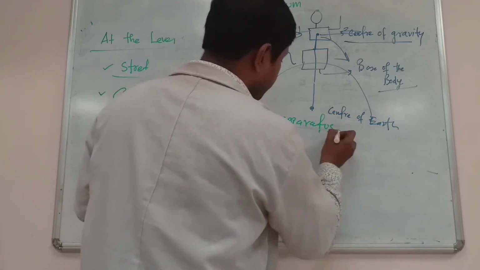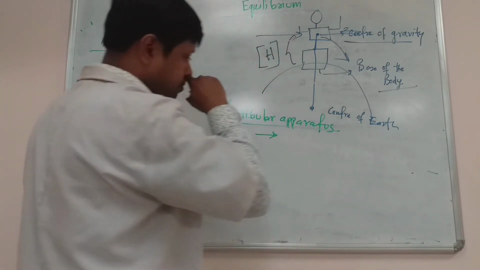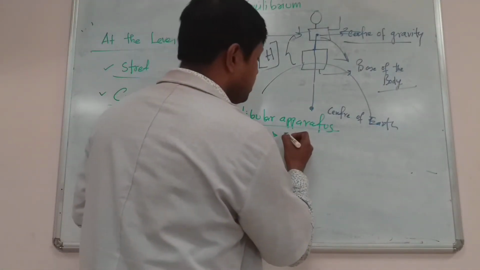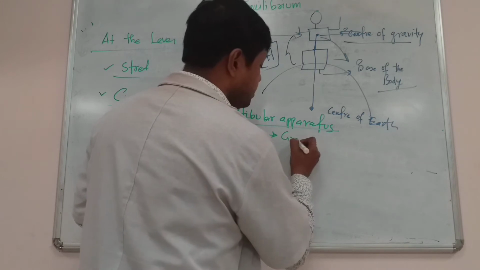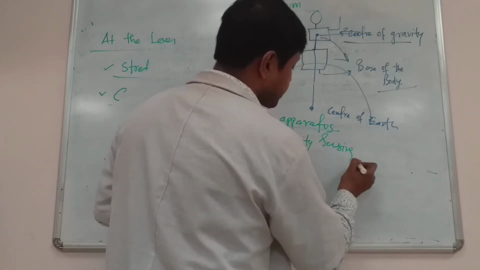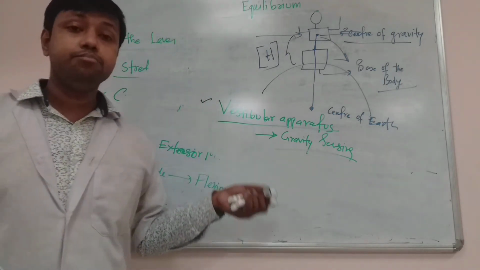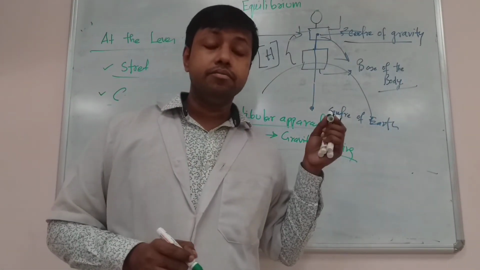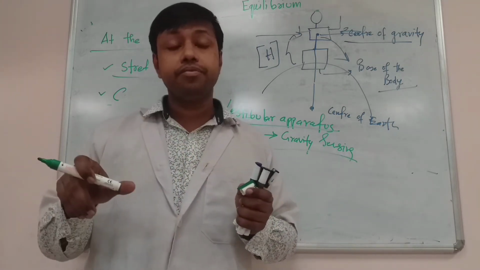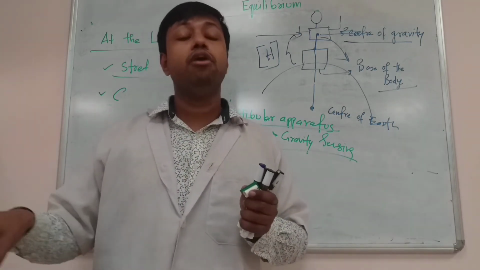Vestibular apparatus, all of you know, is present in the membranous labyrinth. So vestibular apparatus contains the gravity sensing receptors, or gravity sensors, which play an important role in maintaining the equilibrium when the body tries to fall along the line of gravity.